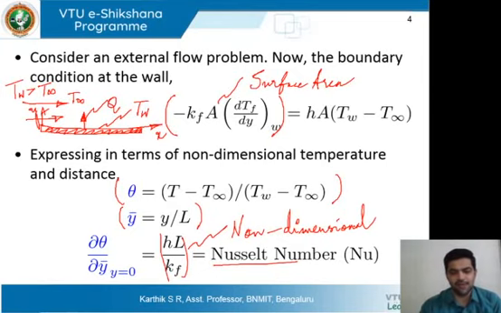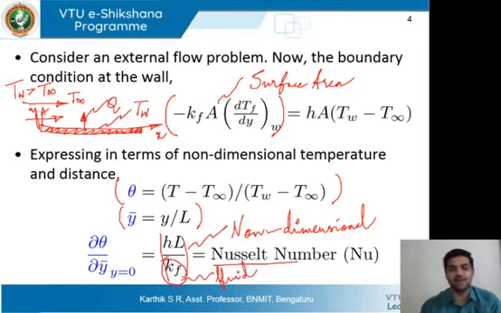Here you have to observe that the Nusselt number appears similar to the Biot number. You have already come across the Biot number in transient heat conduction, which is also given by hL by k. But the difference you have to recognize is that the conductivity in the Biot number is that of the solid, but here it is of the fluid.